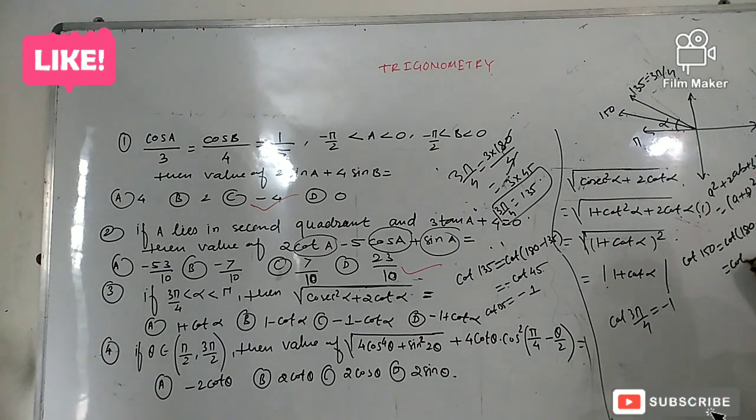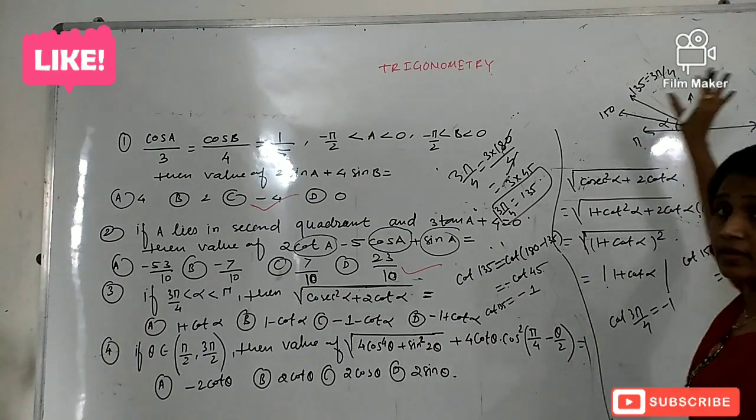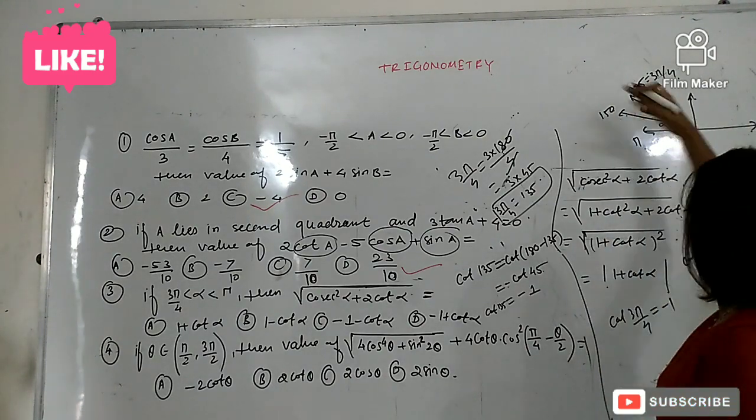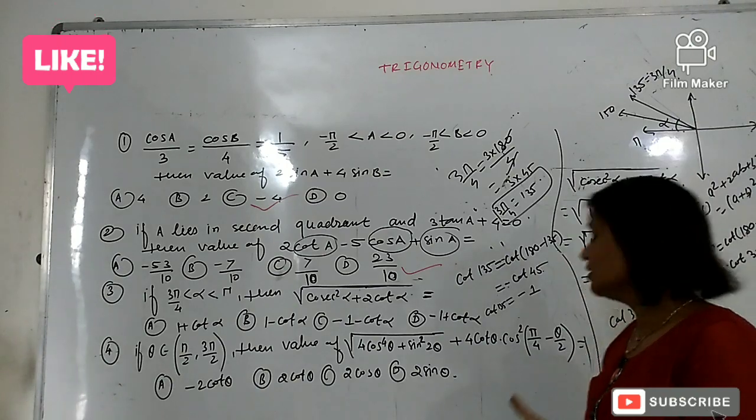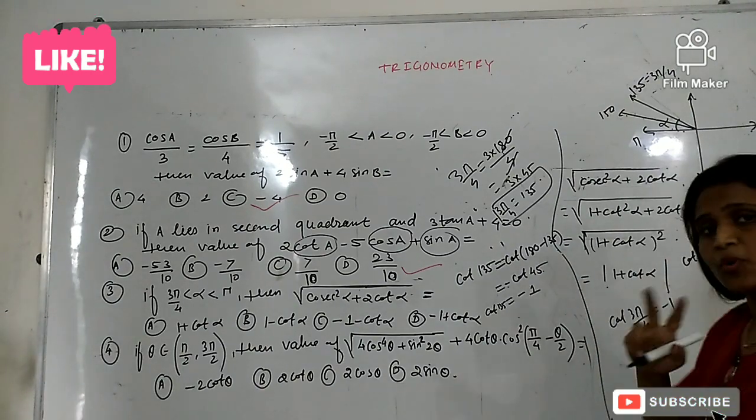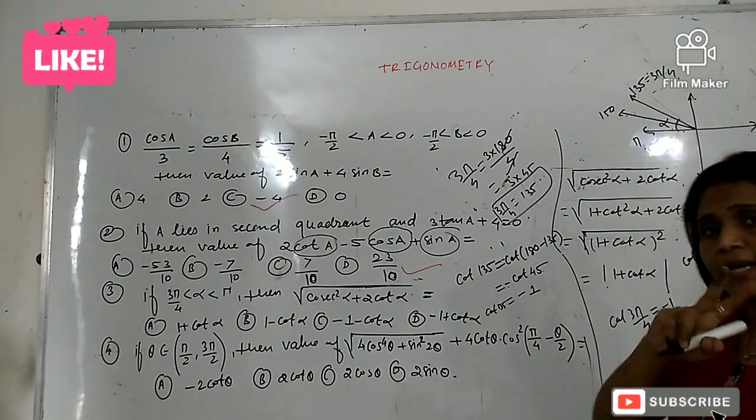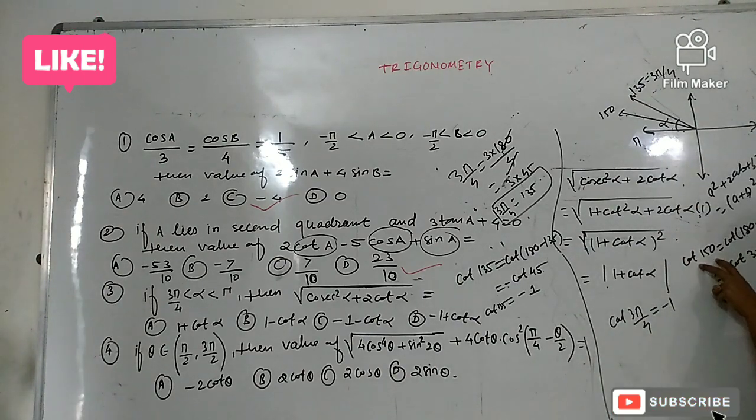This subtraction gives 30. But cot 30 is present in the first quadrant and 150 is present in the second quadrant. So cot 30 has the positive value and cot 150 has the negative value. So cot 150 is equal to minus cot 30.